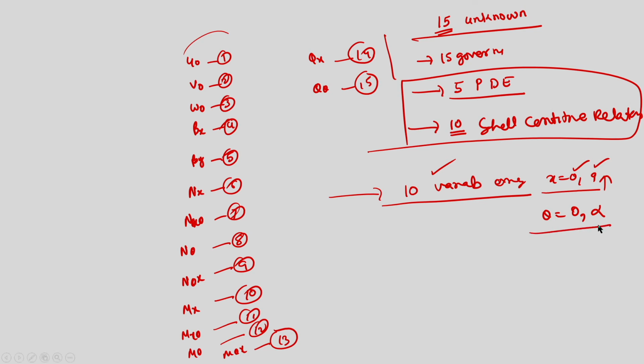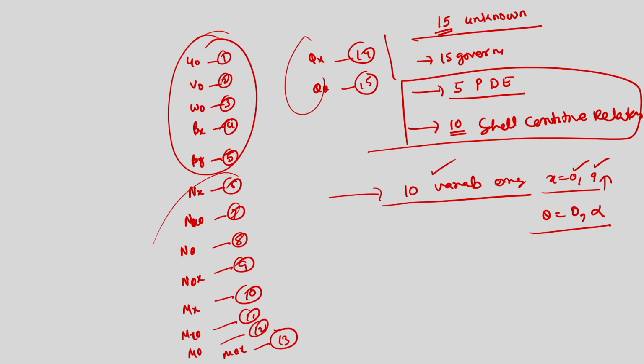Similarly, if we solve along the theta direction, then we assume the reverse: the variables which come along the theta direction are considered primary variables, and the other variables can be expressed in terms of primary variables. In this way, these 5 are fixed, but out of these 10 we have to take another 5.